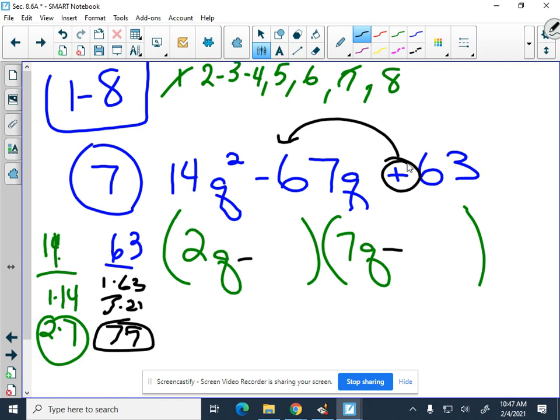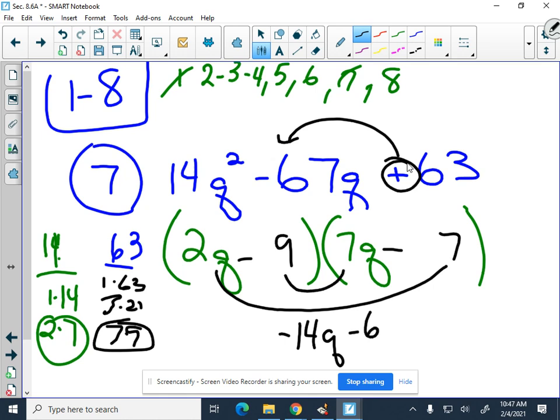So I try 7 and 9. So I'll put 9 here, 7 here, just take a guess. And 2 times that is negative 14q. 9 times 7 is negative 63q. If you put those together, that's negative 77q. It was close. But we want negative 67, so that's not right.